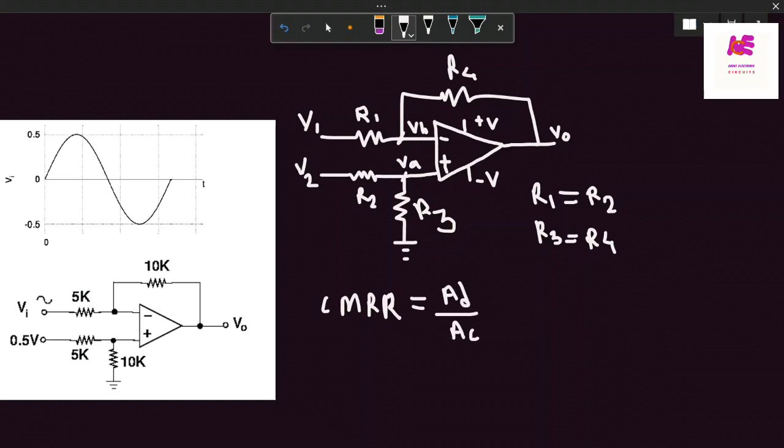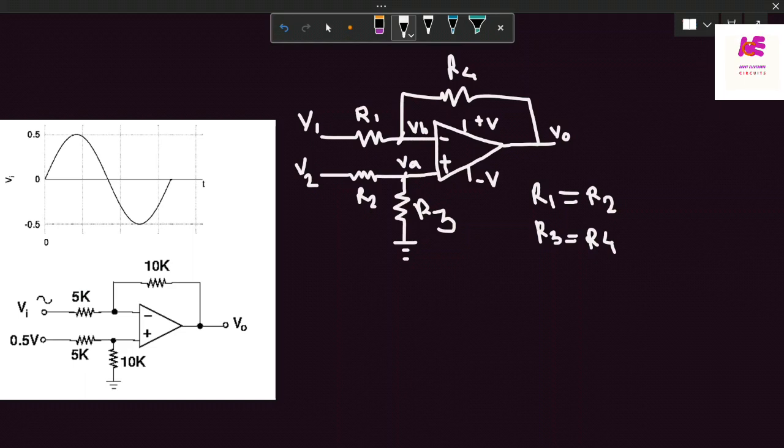To get correct results in subtraction of two signals, we need to reduce the common mode gain so that we get the maximum CMRR, which means good results for the difference of the two voltages V1 and V2. That is the reason we take R1 equal to R2 and R3 equal to R4 in the subtractor. So here R1, R2 are 5K, and R3, R4 are 10K.